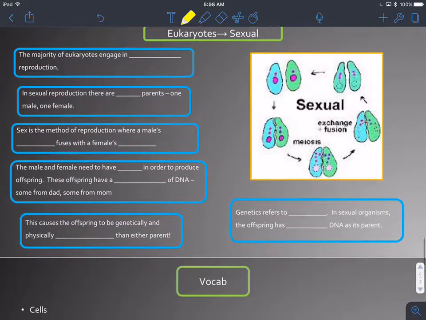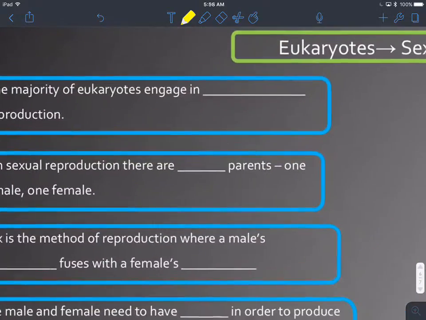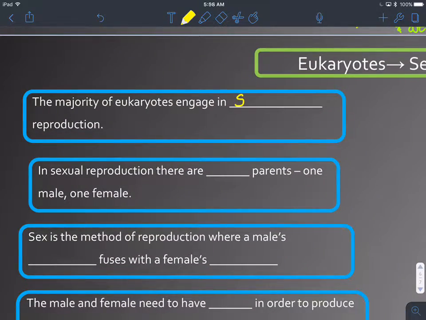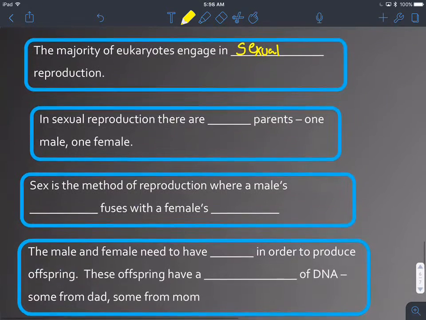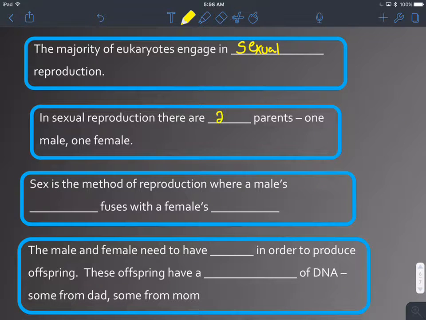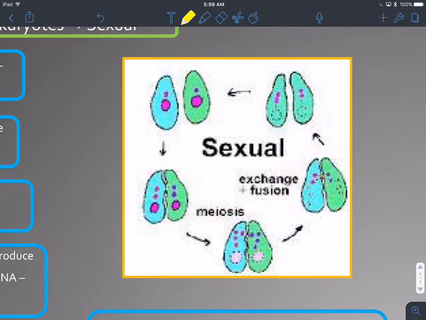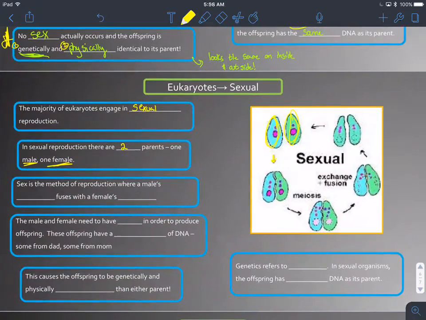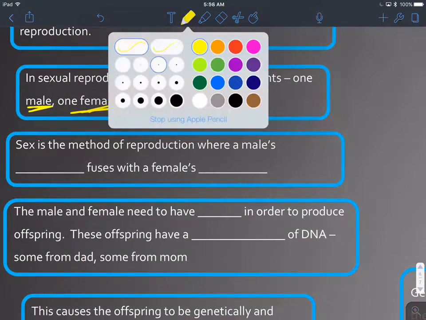Now, eukaryotes generally engage in sexual reproduction. In sexual reproduction, there are two parents, one female and one male. And if you guys look here, you see how you have two different parents. They engage in sex, and they eventually produce offspring. So this is the formal definition of sex here.